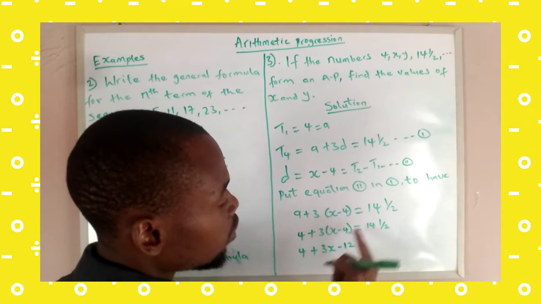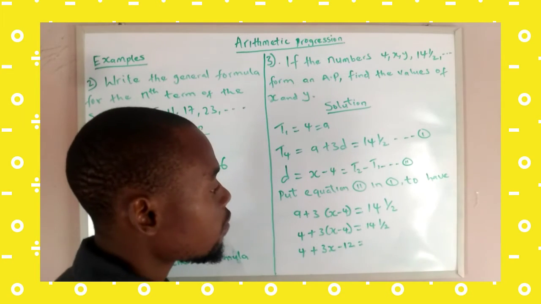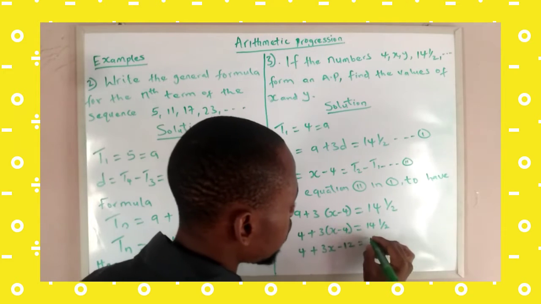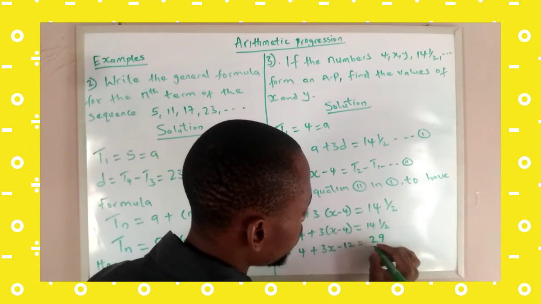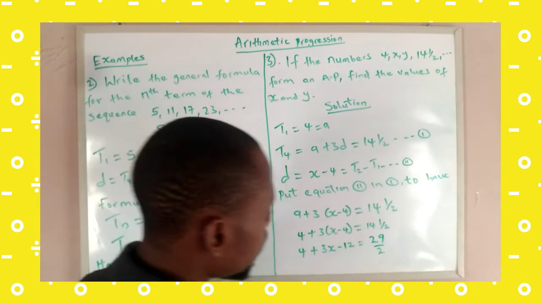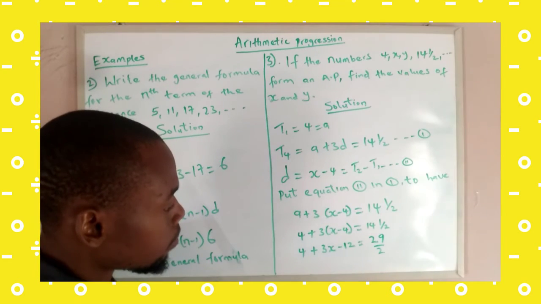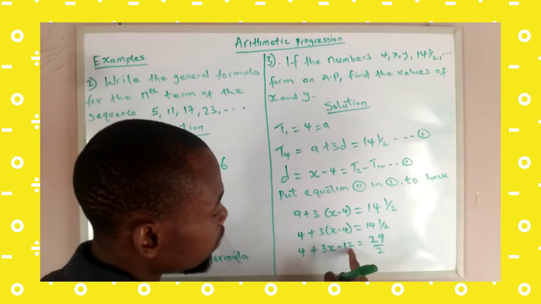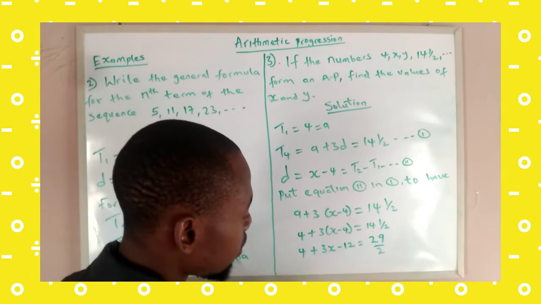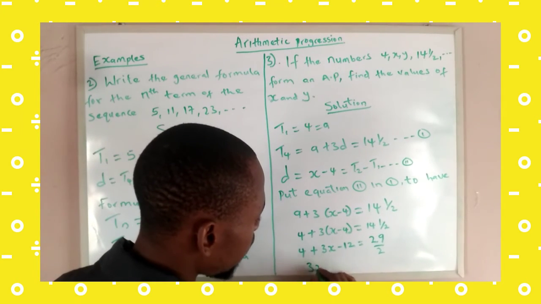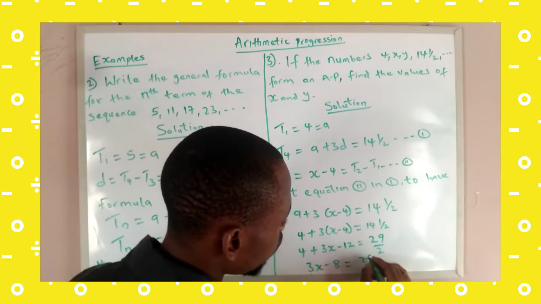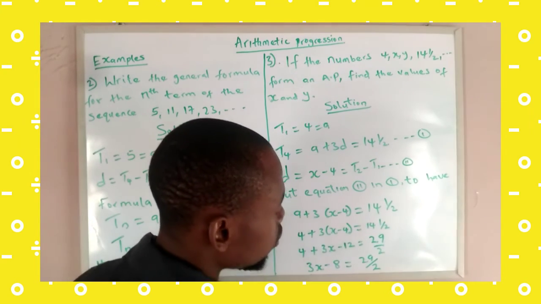We have 2 times 14, that will be 28, plus 1, that will be 29/2. Now, 4 minus 12, that will give us minus 8. So we have 3x minus 8 is equal to 29/2.